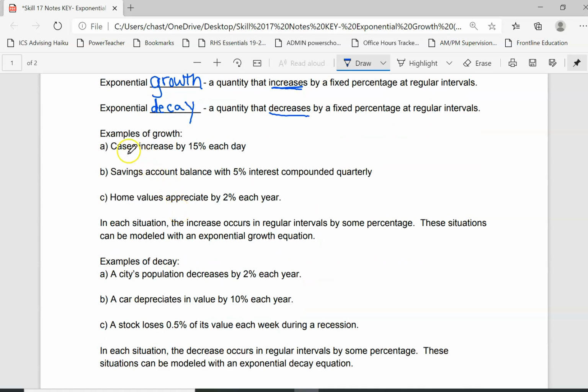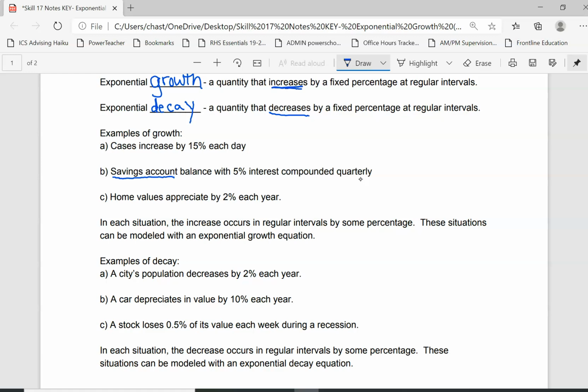You might see things that say cases increase by 15% each day. Savings account balance with 5% interest compounded quarterly. The reason we know that's increasing is because you're putting your money into a savings account, and when they give you interest, that is money they increase your account balance with.